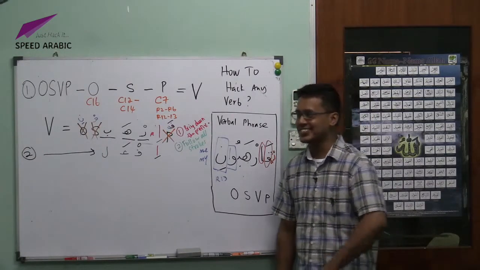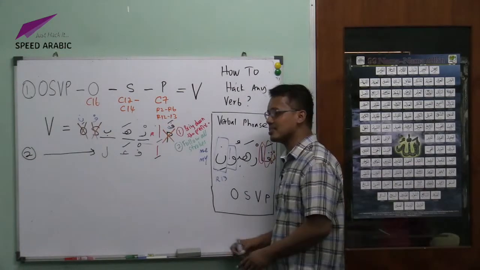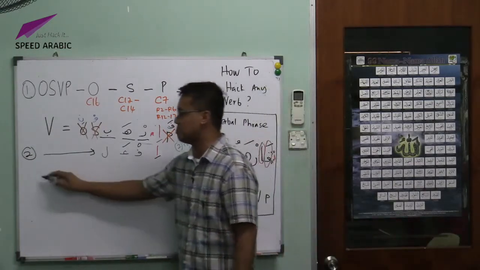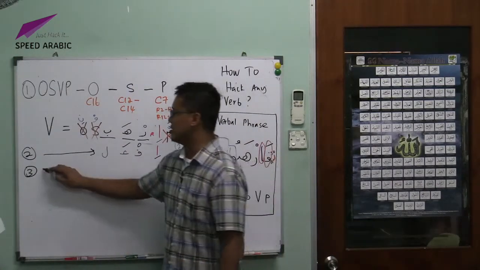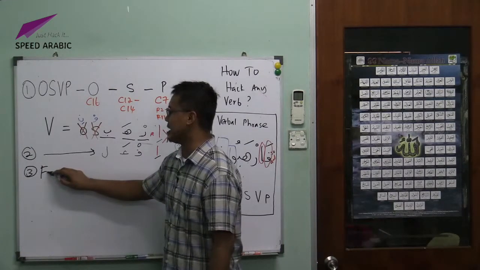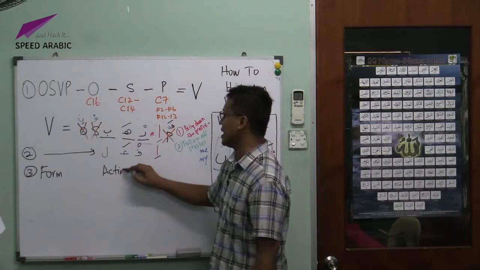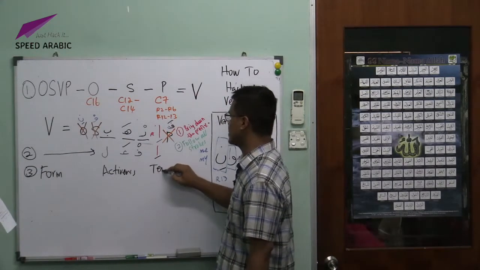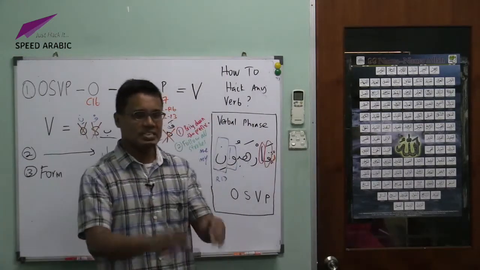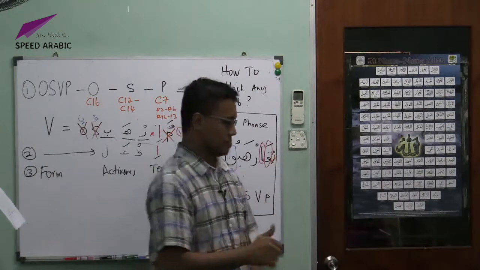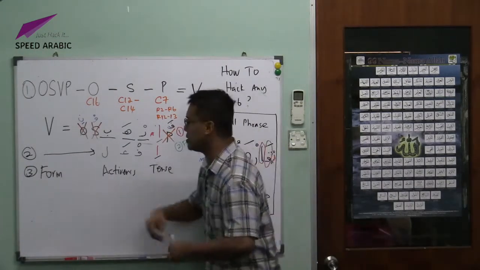Okay. So, when you get this, the next one is so simple, straightforward, you find the FAT. FAT is form, activeness, and tense. What do you do? You look at the form hacker and just find if'al. Yes. If'al, form number 4.